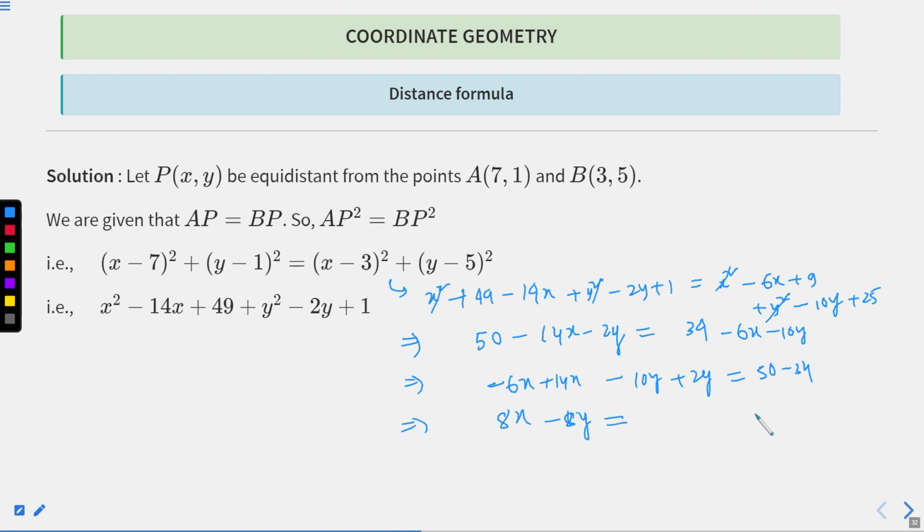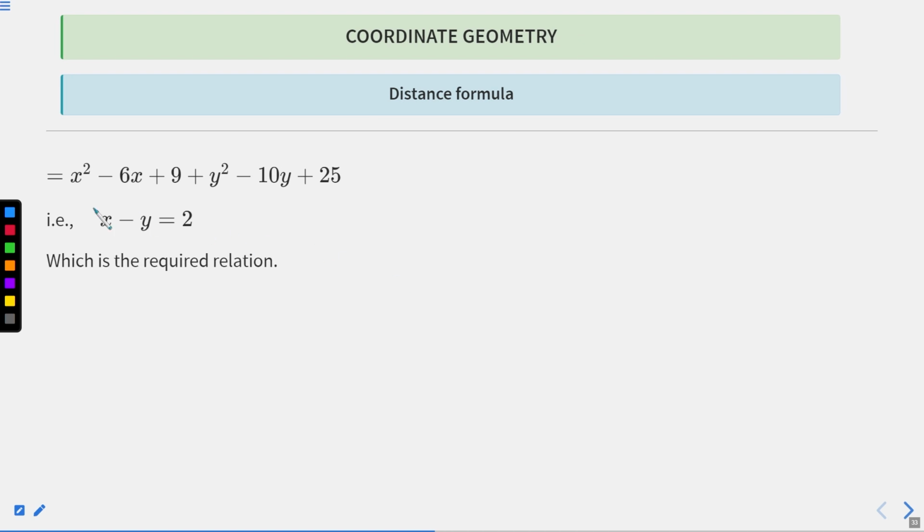This is equal to 16, and it implies x minus y is equal to 2. Okay, so if we simplify this equation, then we get this relation x minus y is equal to 2. Okay, so which is the required relation.